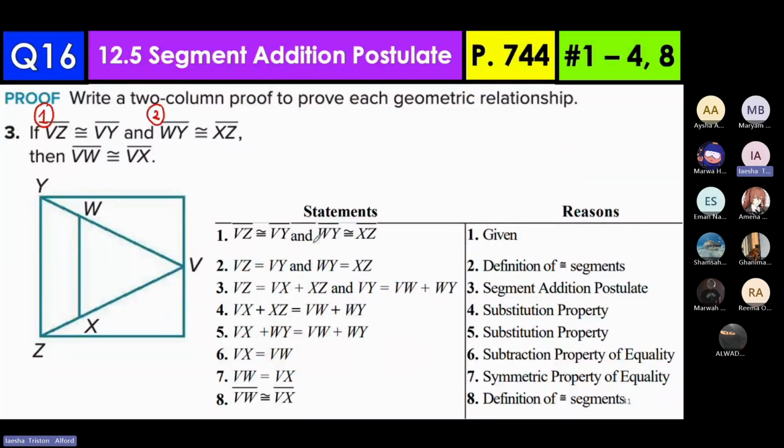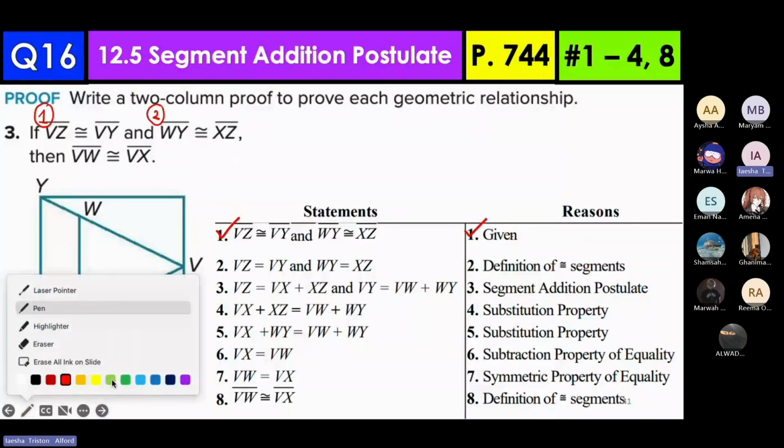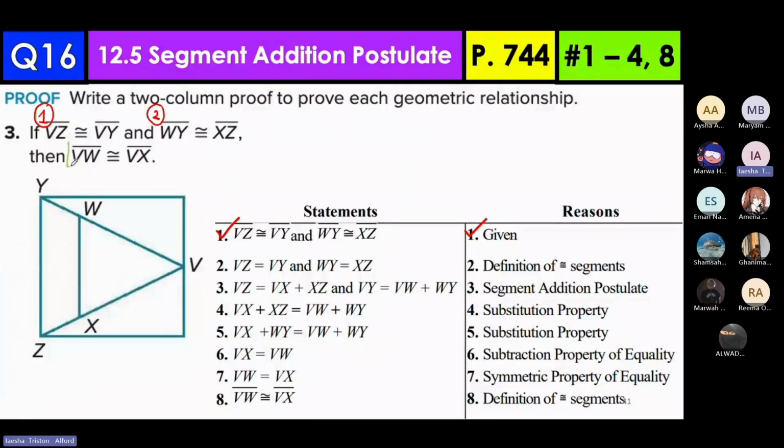Where can we see it? In line number 1. What's the reason we write? Given. This is the proof. Where should the proof be? In the last line. Everything else depends on you and your vocab, right?